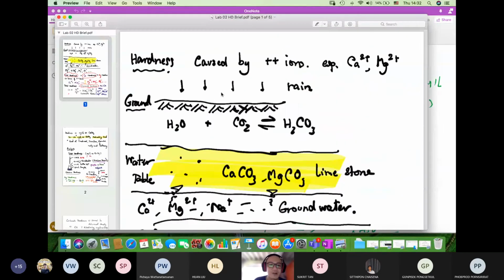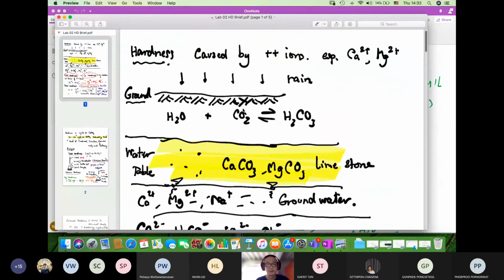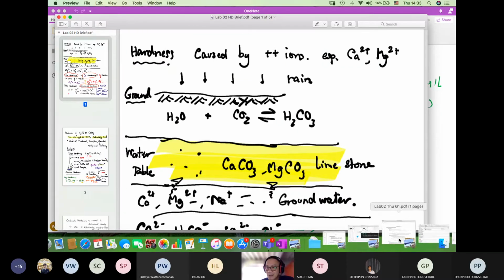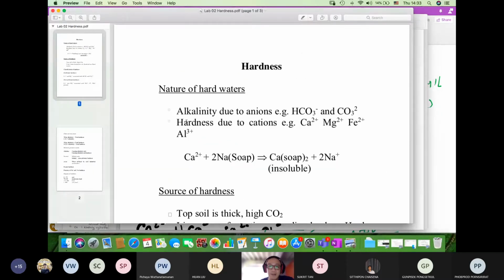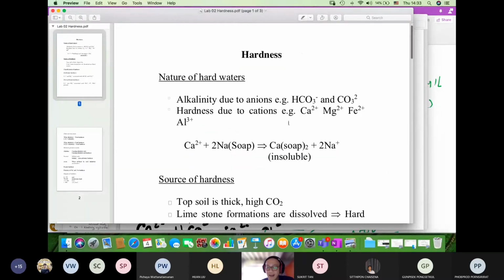And talking about the hardness, I have put this information in the files, so you may have a look again later. Hardness is normally defined as the summation of the polyvalent cations.